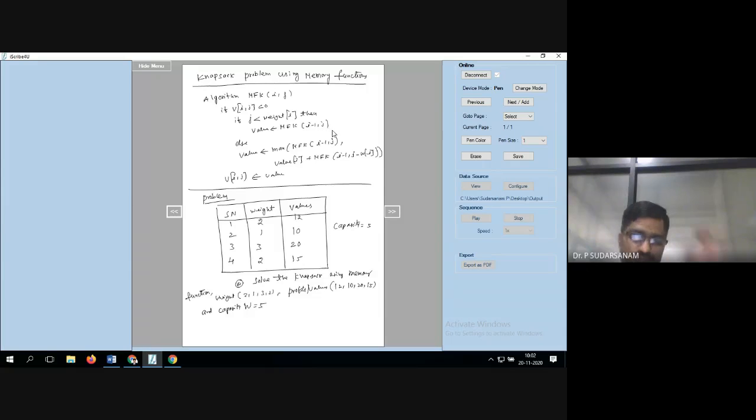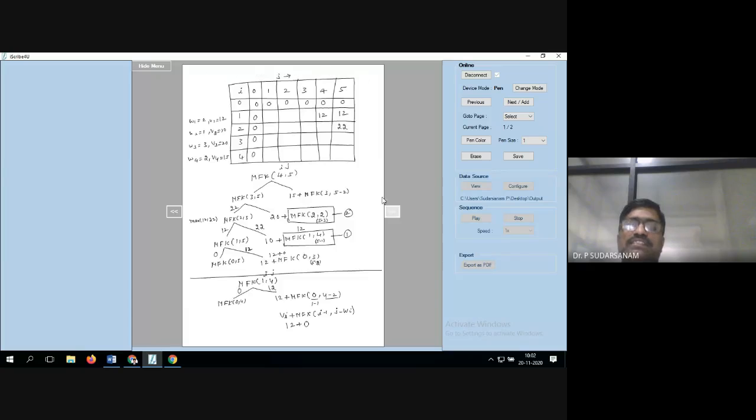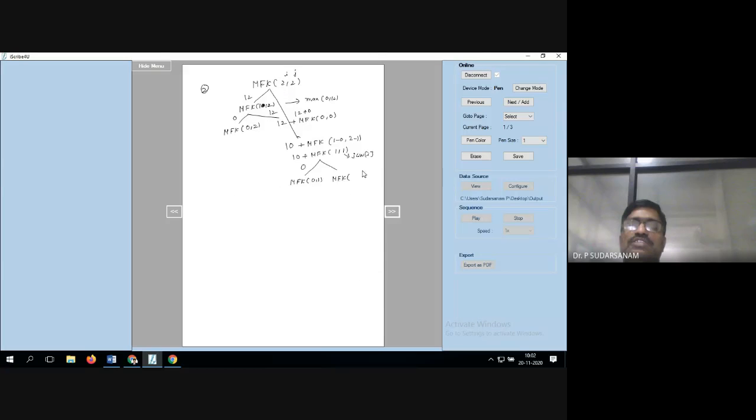So this is the one value you are getting, and you should remember it: the j less than w of I condition is false. That is the reason in this case you write I minus 1 comma j, that is 0 comma 1. So this one condition is satisfied here, that is the reason the first condition is taken.